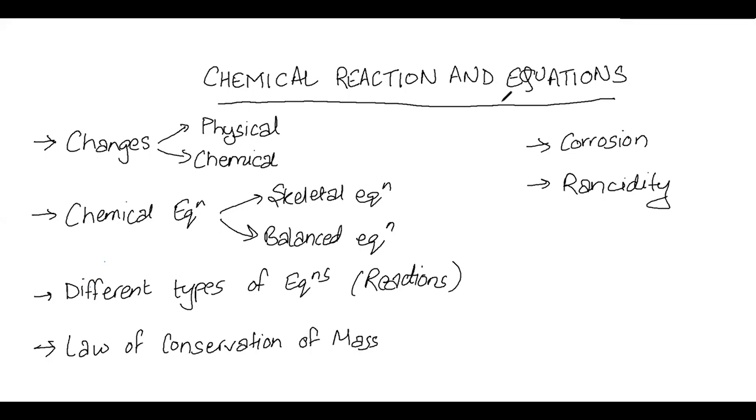Now moving ahead, the first thing that we'll cover is changes. We all know that there are many changes that happen around us, but to classify them, we have two types of changes that are physical and chemical.